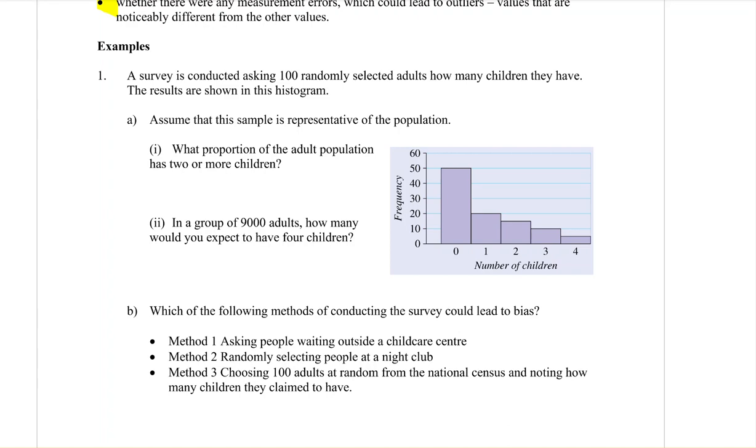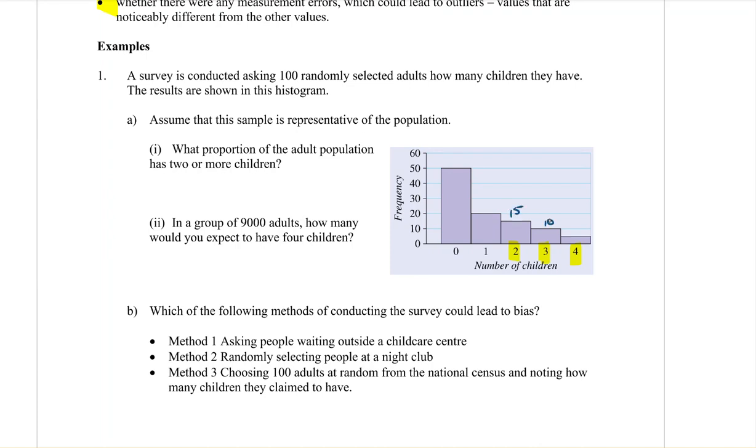Now, when it says proportion, that means you need to write down a fraction for your answer. So 2 or more children means that I want 2 children, 3 children, and 4 children. Okay, that's 2 or more, right? So there are 15 people who have 2 children.